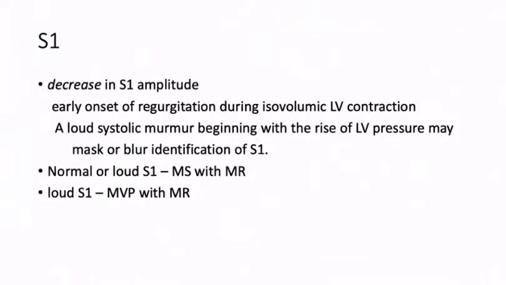S1 is muffled in mitral regurgitation, and there is a loud systolic murmur beginning with the isovolumetric LV contraction, and it blurs the S1. But if we can hear S1 in a patient with significant MR, then we need to suspect that the patient has associated mitral stenosis, or even in mitral valve prolapse we can have a loud S1.